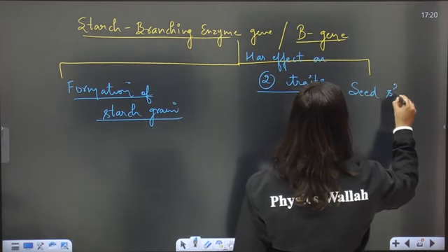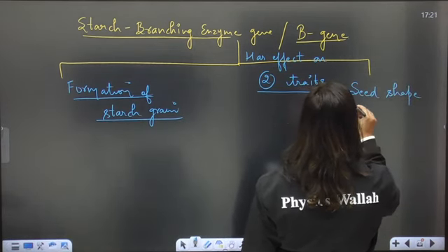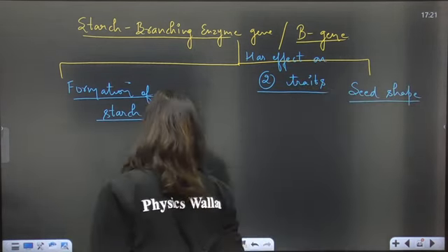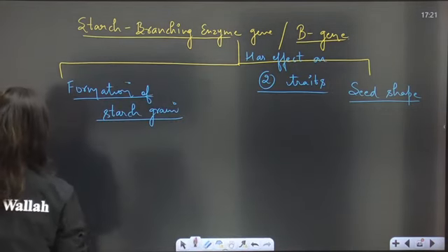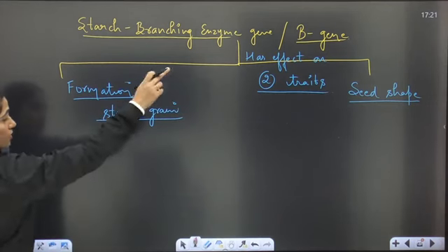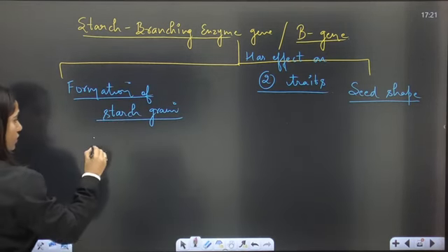So obviously it is a pleiotropic gene because it is having effect on two traits at the same point of time. Now let's see how this gene controls the starch formation.